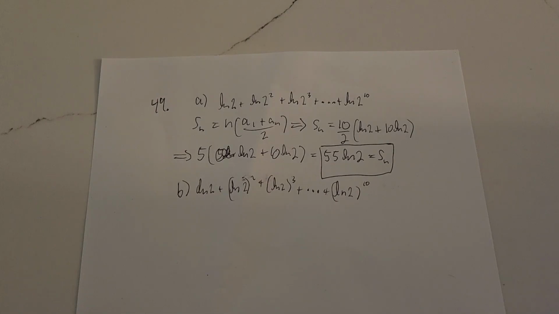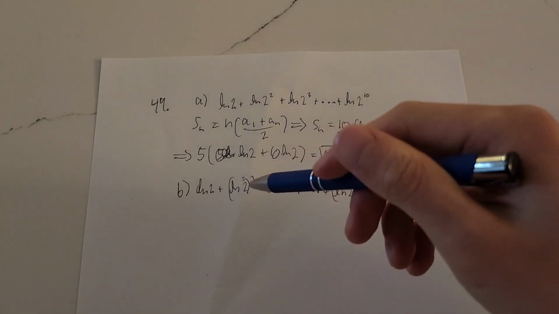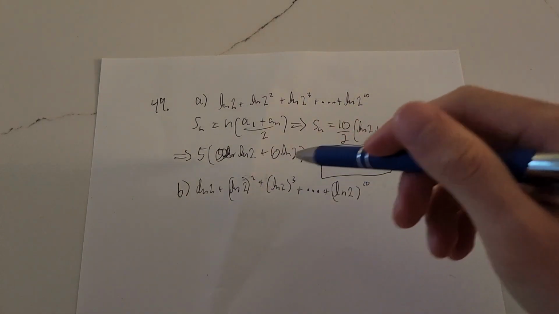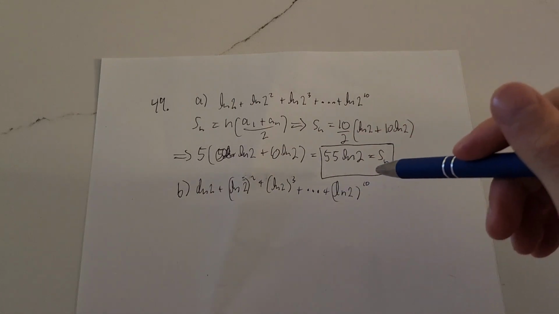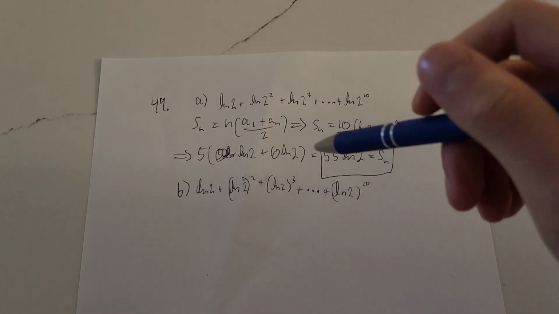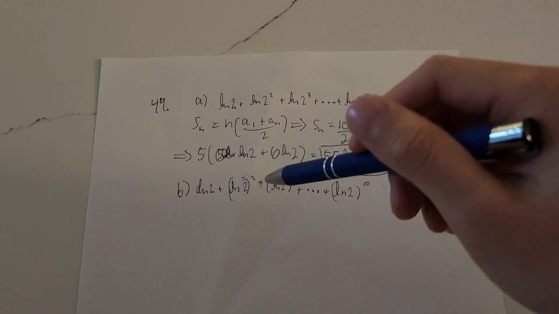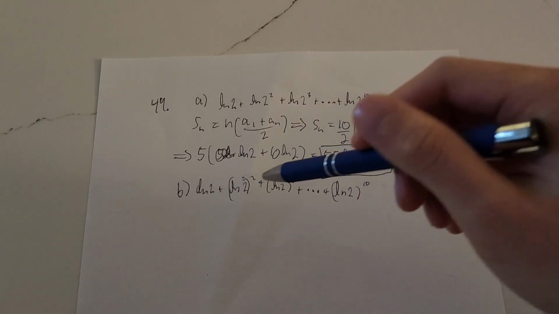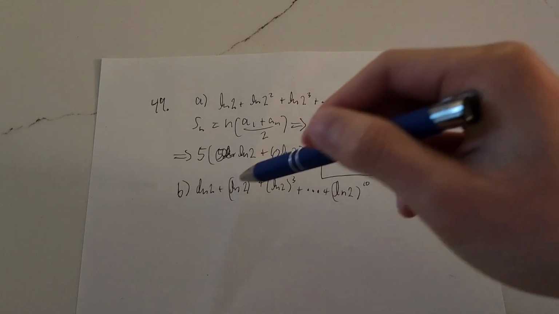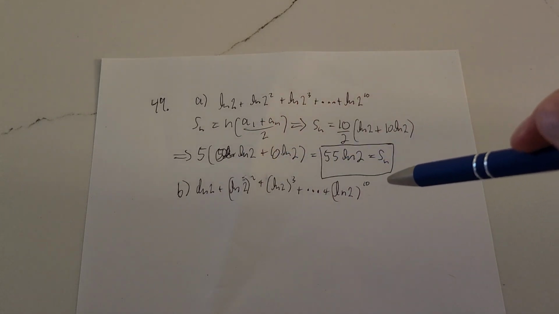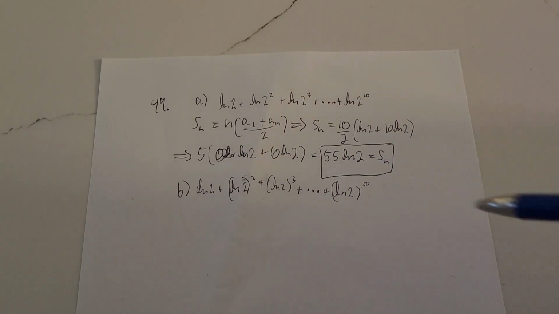Now, in part B of question number 49, we're asked to calculate another sum where it's ln2 plus ln2 everything squared plus ln2 everything cubed, so on and so forth until we get to the 10th term. And this implies that the power in the sequence is rising every single time. So calculating the sum means that we have to find the geometric series.